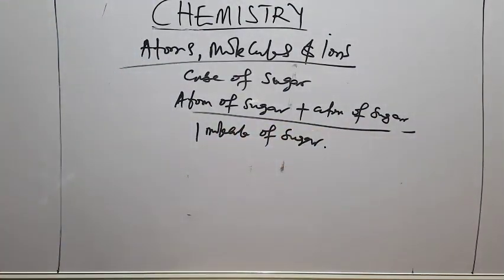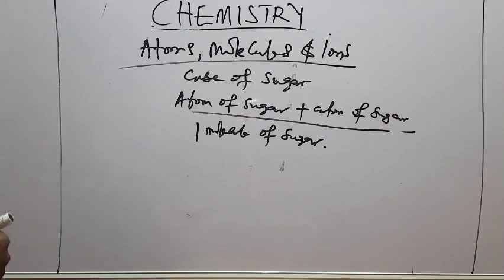So atoms of the same elements might combine together, or atoms of different elements might combine together to form a molecule. So that molecule they are forming is also the smallest particle that can normally exist alone and still retain the chemical properties of that substance. Let's take as an example your common salt. An atom of common salt can combine with another atom of common salt to form a molecule of common salt, and that molecule of common salt can exist alone and take part in a chemical reaction.